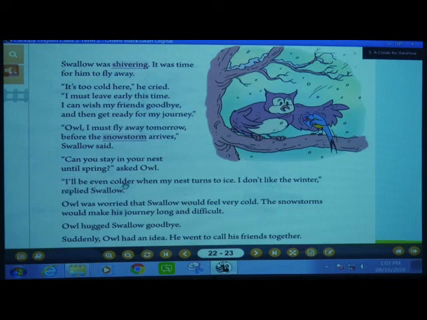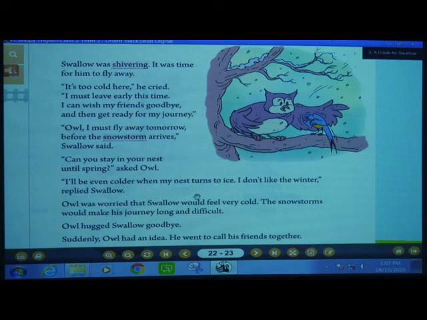I'll be even colder when my nest turns to ice. So now what swallow is replying here? I'll be even colder when my nest turns to ice. Because of the snowflakes, the nest will be covered with ice.